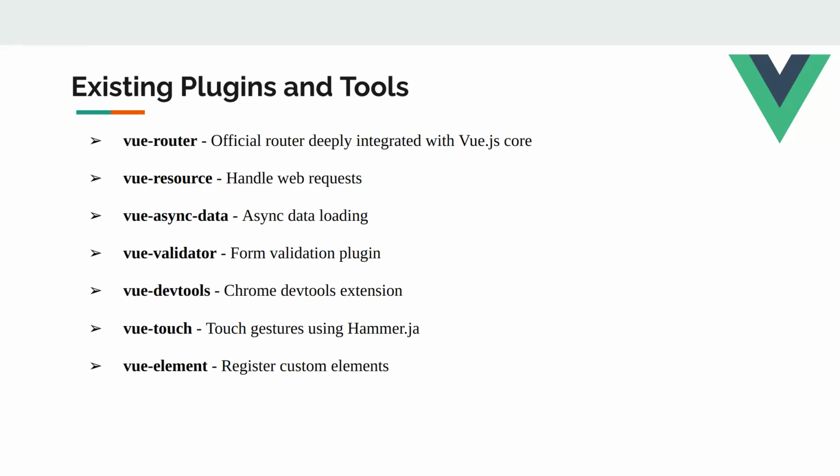So we will be using Vue Async Data. And the fourth one is Vue Validator. It is used for validating input fields and displaying errors. That type of validation we need to do, and in that case we will be using this plugin. This plugin we need to install separately.